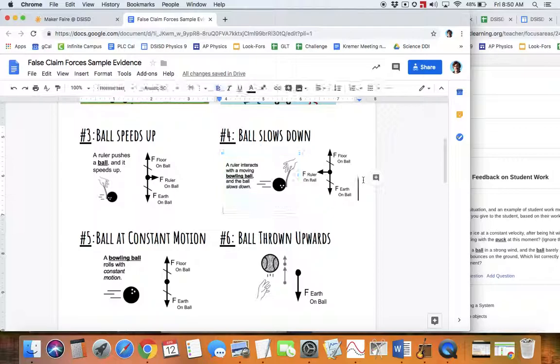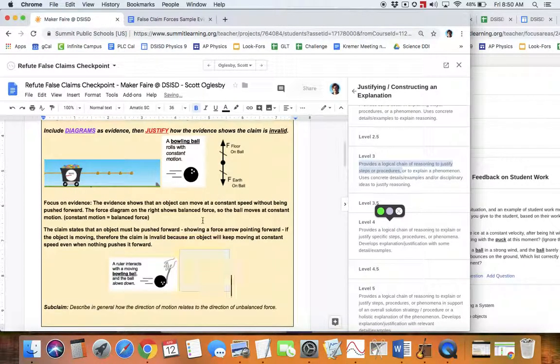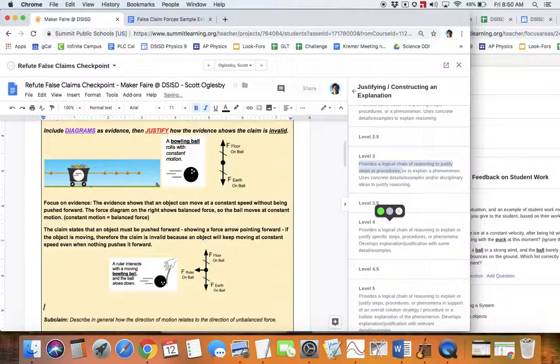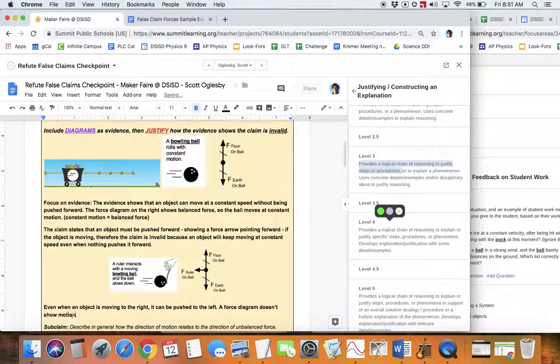So I could copy this evidence here as well, paste it in, and say something like, even when an object is moving to the right, it can be pushed to the left. A force diagram doesn't show motion.